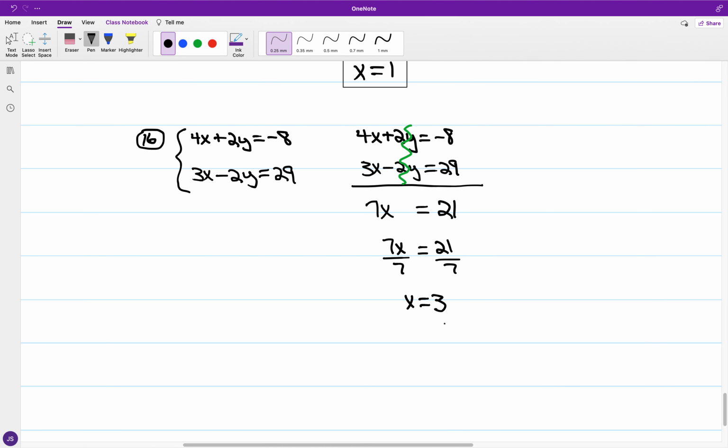What I can do here is plug in 3 for x in either of these two equations and solve for y. I'll just go with the first equation.